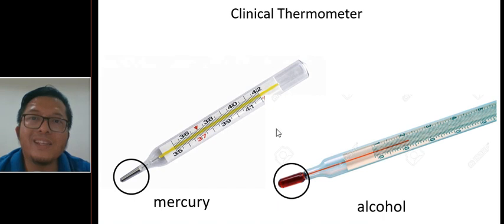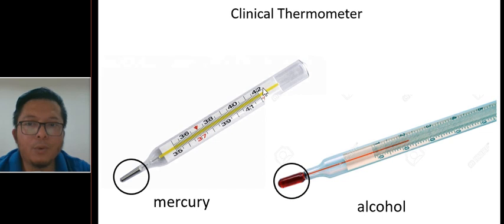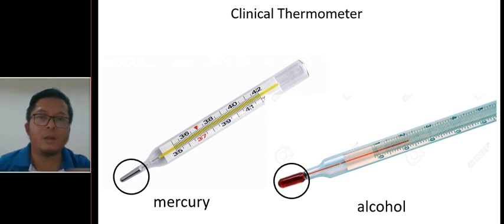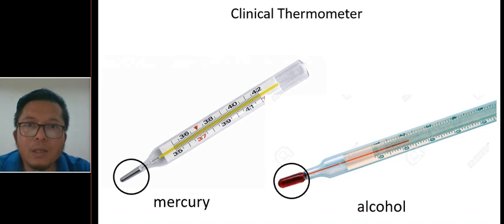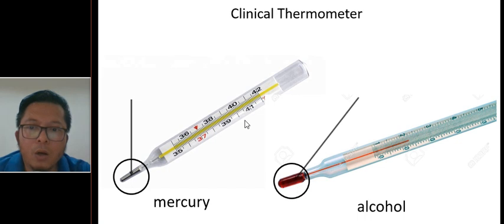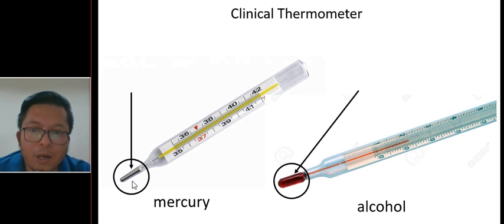Before we have digital thermometer, we use this. When I was small, doctors used this. They put it inside the mouth or maybe under the armpit. But this is what people usually use before digital thermometer. So what do you call this part? I know this is mercury, I know this is alcohol, but what do you call this part?